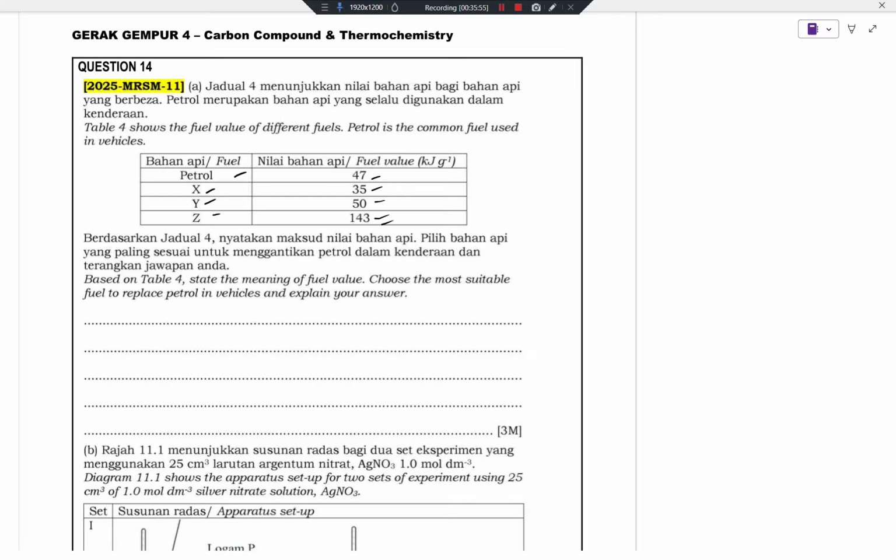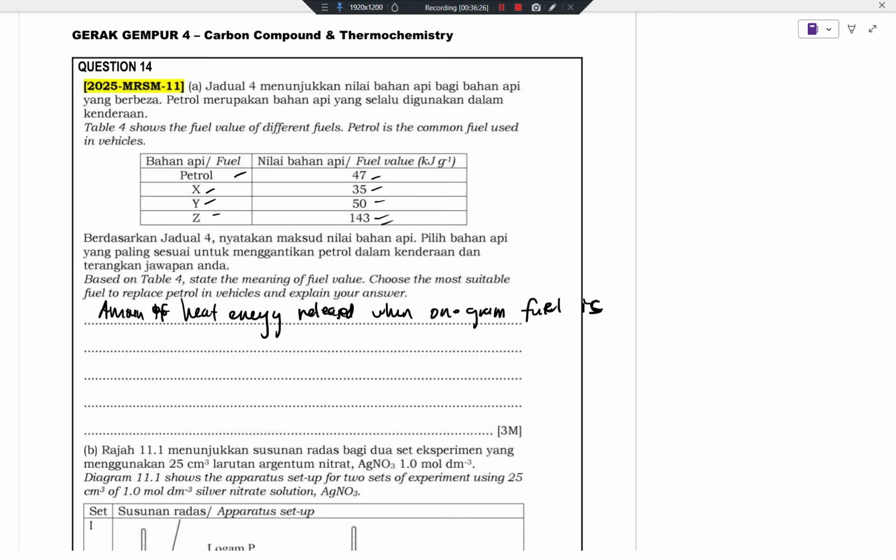Okay, so நம்ம எப்படி சொல்லலாம்னா maybe you can tell it is the amount of energy. You can refer your textbook, amount of heat energy release, okay, when 1 gram of fuel is completely burned in excess oxygen.